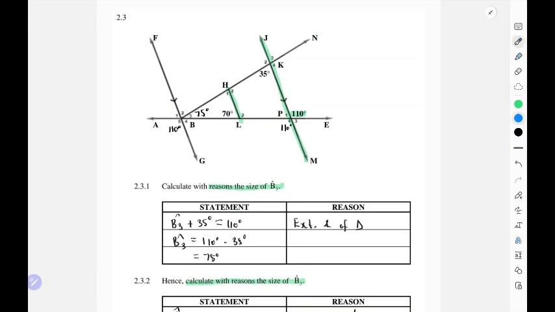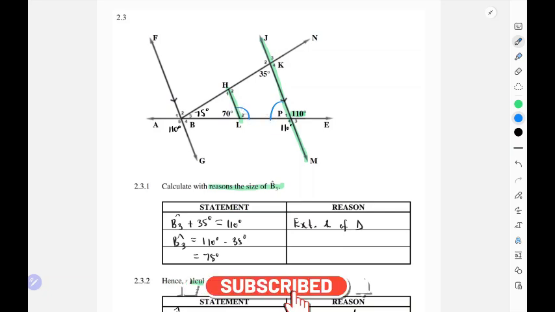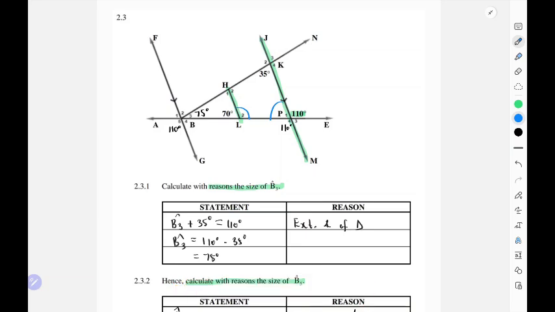I think the approach that we can take is to show that P1 and L2 are co-interior angles, because we know co-interior angles exist between parallel lines and they form a U shape. So if we can prove that they are co-interior, then therefore HL and JM become parallel.